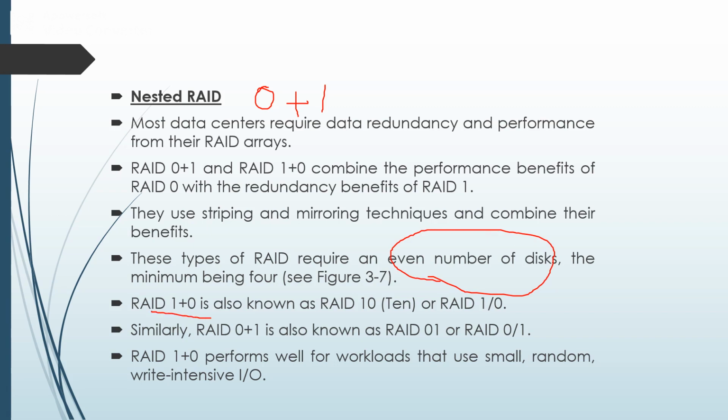RAID 1 plus 0 is also known as RAID 10 or RAID 1 bar 0. Similarly, RAID 0 plus 1 is also known as RAID 01 or RAID 0 bar 1. RAID 10 performs well for workloads that use small random write intensive IO operations.